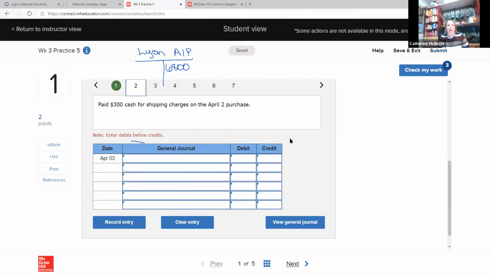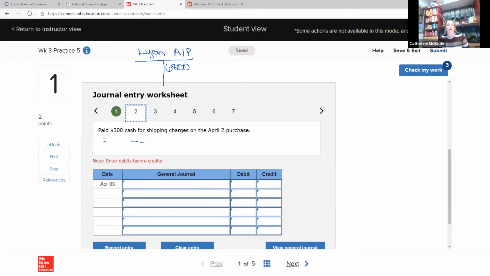All right, so the next one is kind of interesting. We're paying $300 cash for shipping charges. Okay, the way inventory works is we're going to hold under inventory as an asset on our balance sheet any inventory that we purchase and any costs associated with getting the inventory to us and ready to sell to our customers.